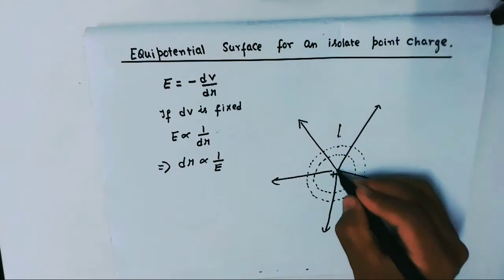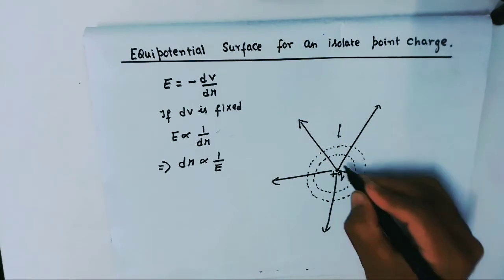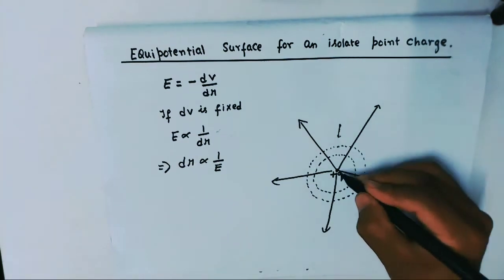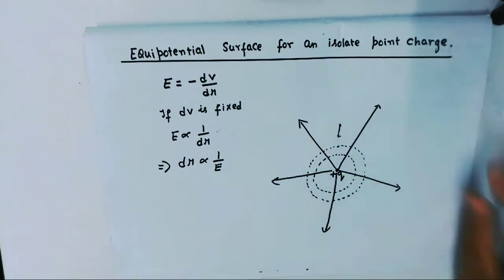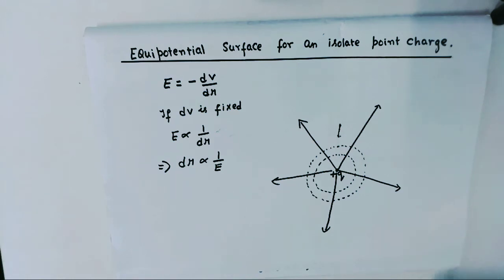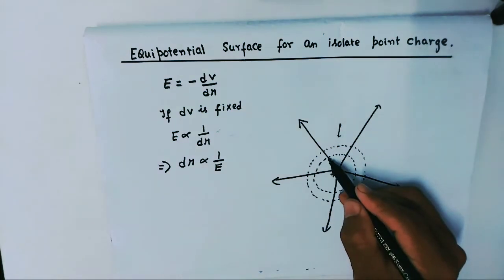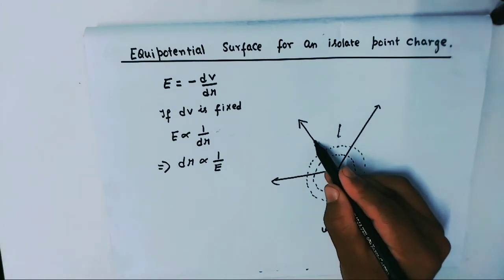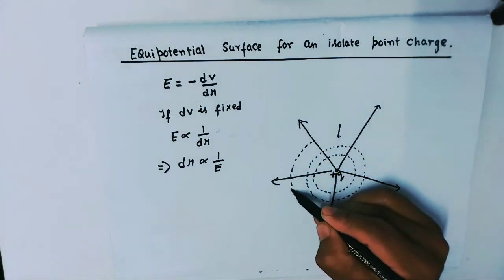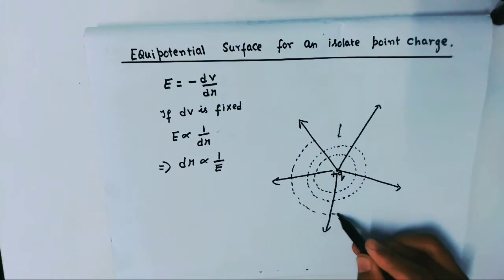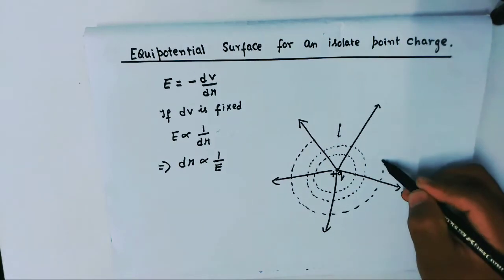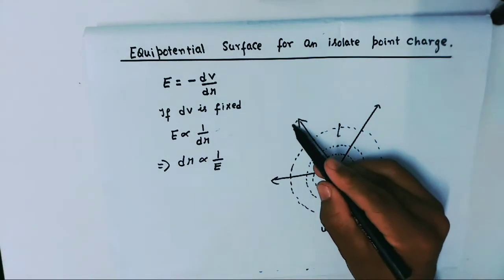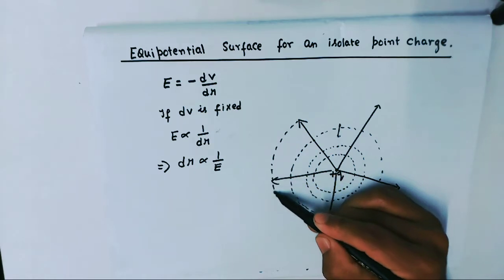So therefore, here, as we go away from this point, the spacing between the equipotential surfaces keeps on increasing. The spacing between this surface and this surface, as we go further, keeps on increasing like this, and then like this.